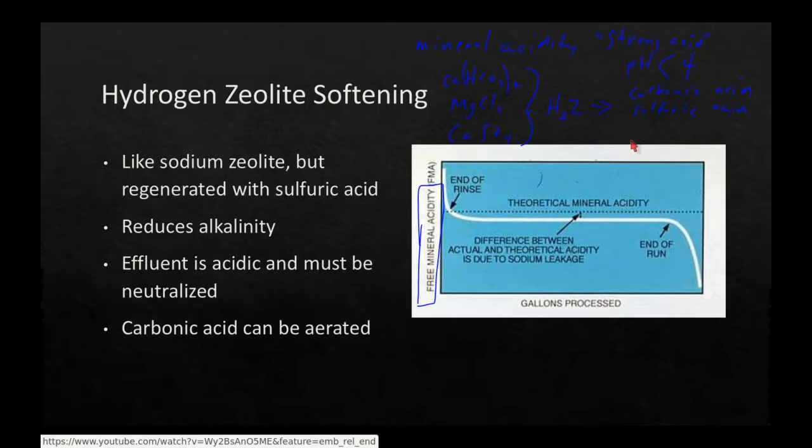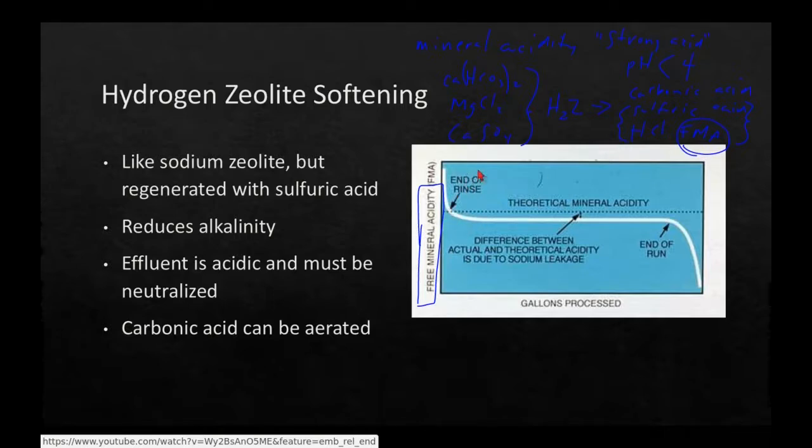And the other thing is we get hydrochloric acid, because that's what the magnesium chloride becomes. These last two, the H2SO4 and the hydrogen chloride, these are mineral acids. And when we're doing an FMA test, free mineral acidity, that's what we're testing for, pH less than 4.